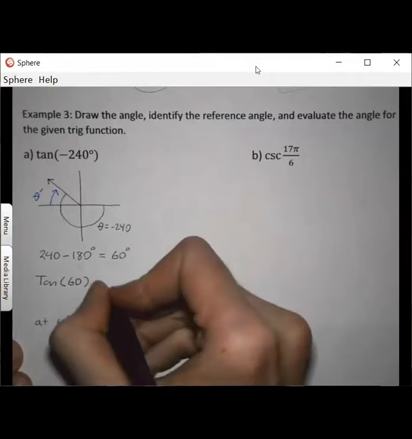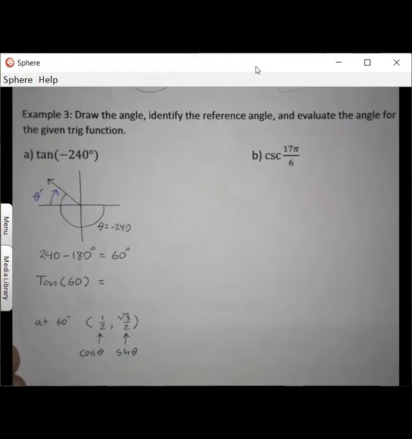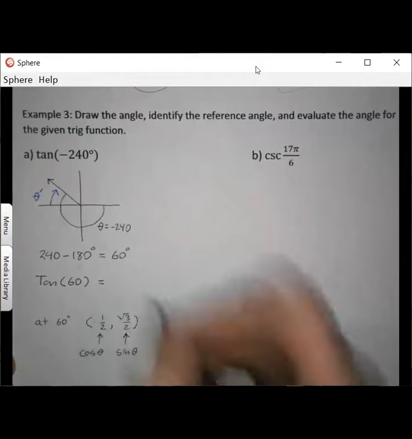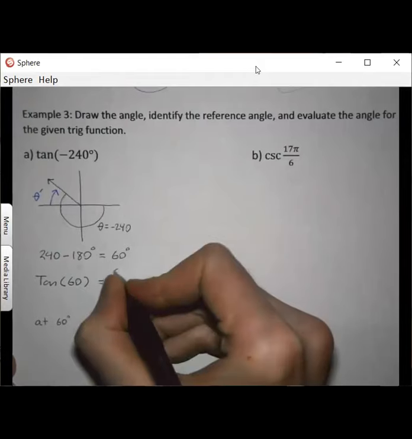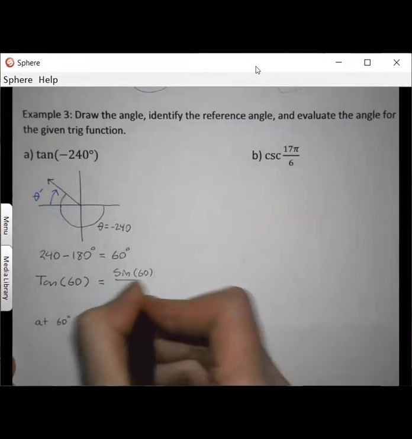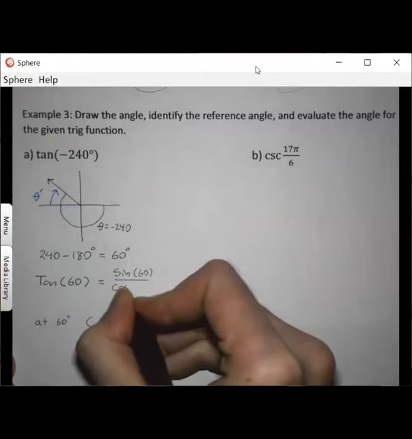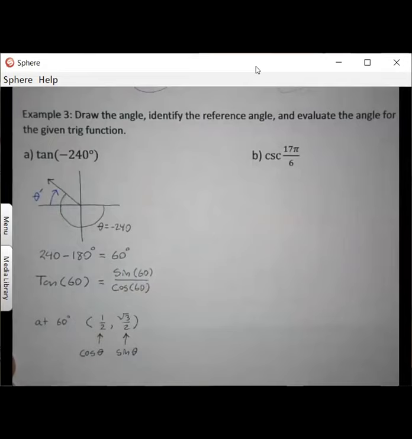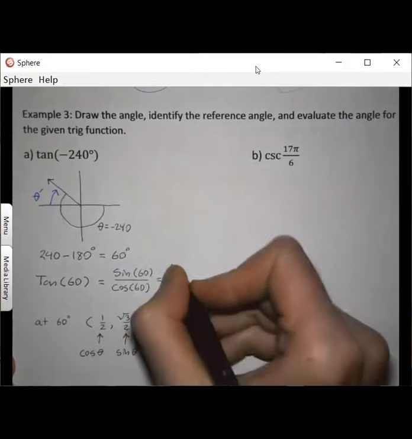Tangent is sine over cosine. So I can say the tangent of 60 is the same as the sine of 60 over cosine 60, or root 3 over 2 over 1/2.